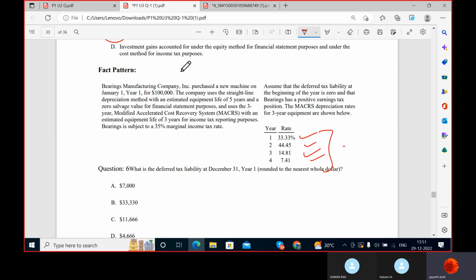As per GAAP, you can use straight line and double declining. But as per the tax authorities, when you file tax returns, they ask you to go for the MACRS method. So differences can be seen because of two different methods.